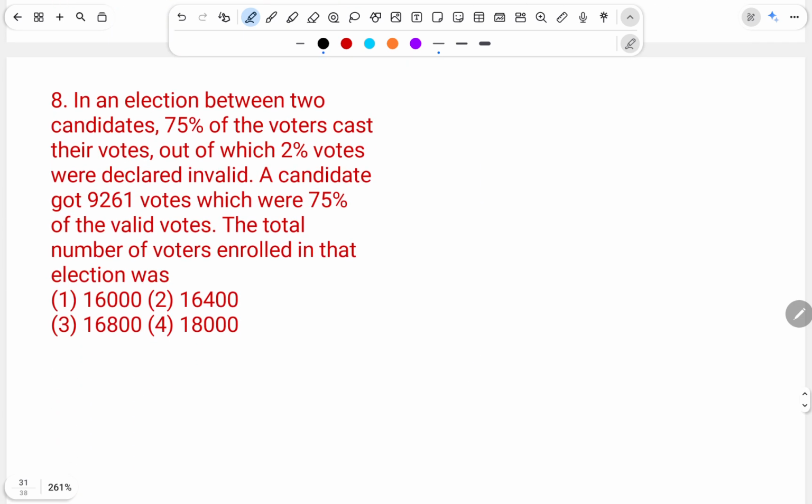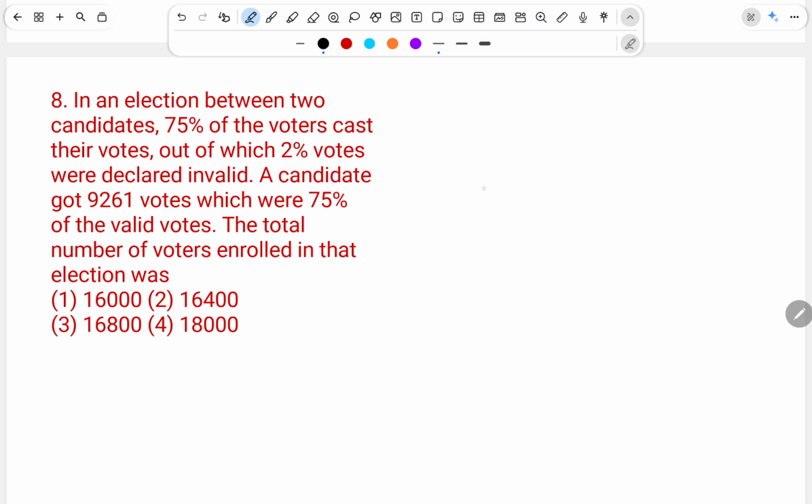In an election between two candidates, 75% of the voters cast their votes, out of which 2% votes were declared invalid. A candidate gets 9261 votes, which were 75% of the valid votes. The total number of voters enrolled in that election was.